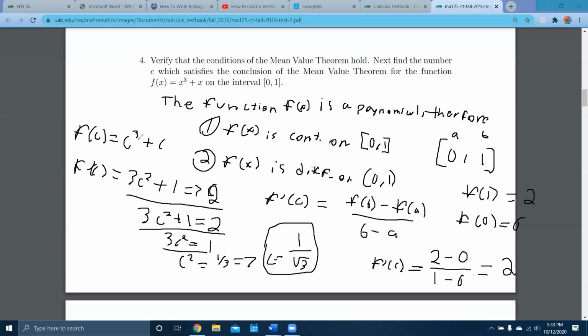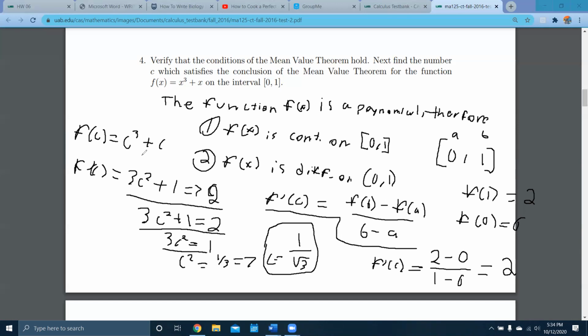Oh, okay. So basically what it's saying is when it says to find the value c, first thing I did was I used this formula here to find what f prime of c is equal to. And it's equal to f of b minus f of a over b minus a. And I found that f prime of c must equal 2. Next, I plugged c into the f of x equation and got c cubed plus c.